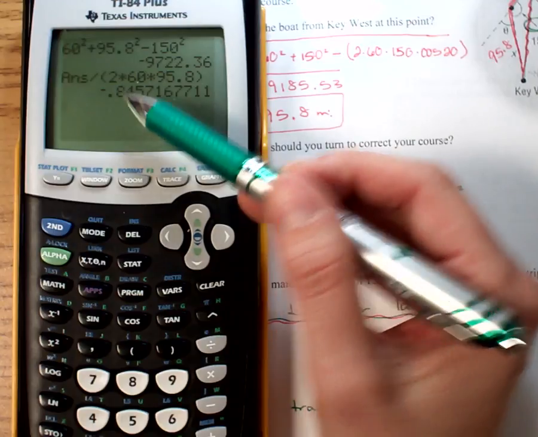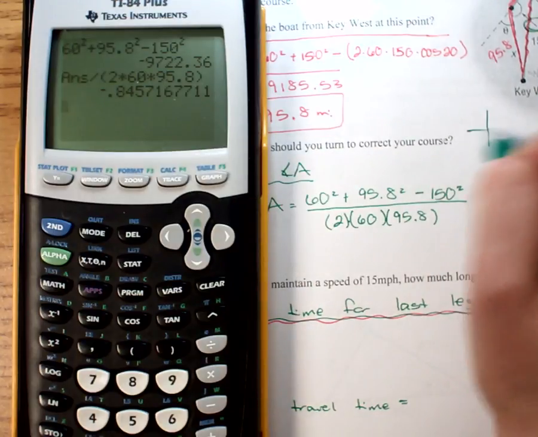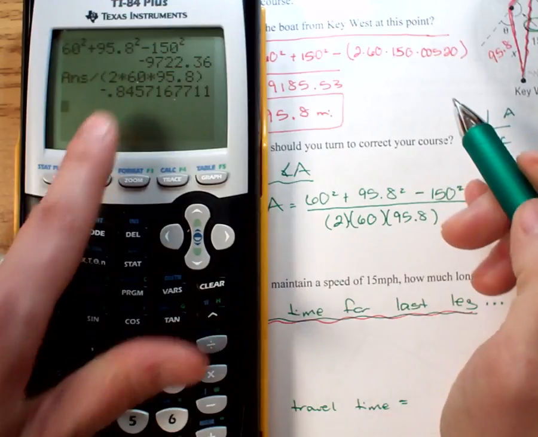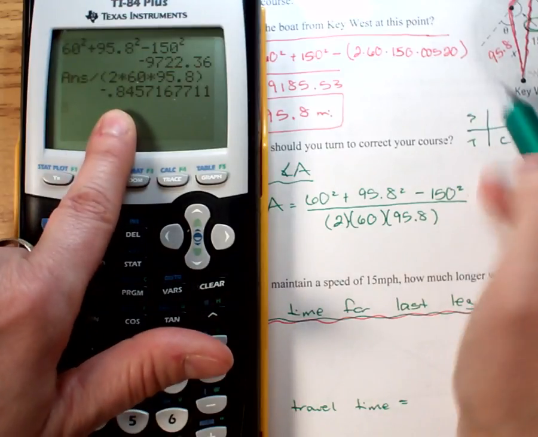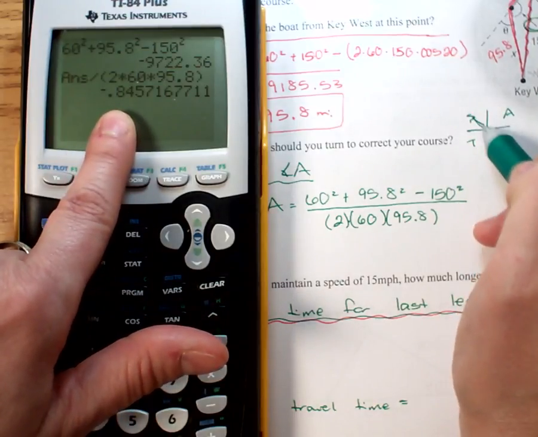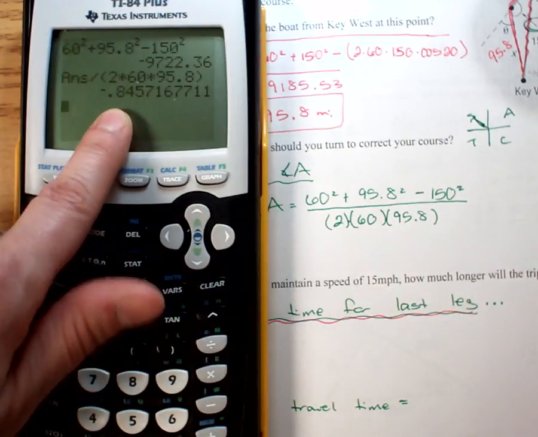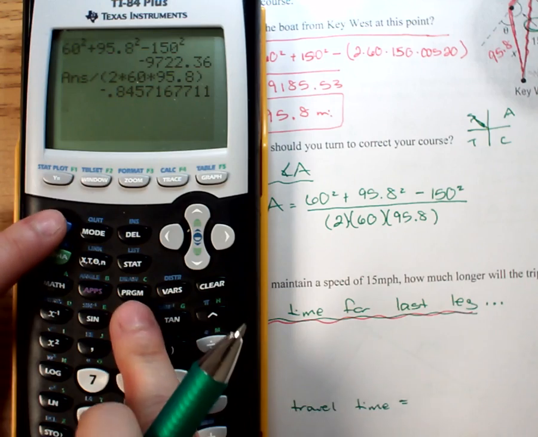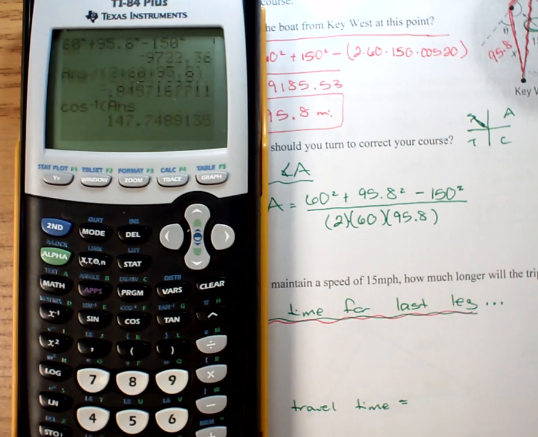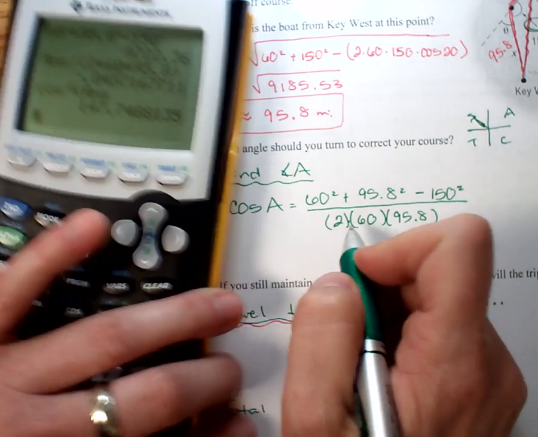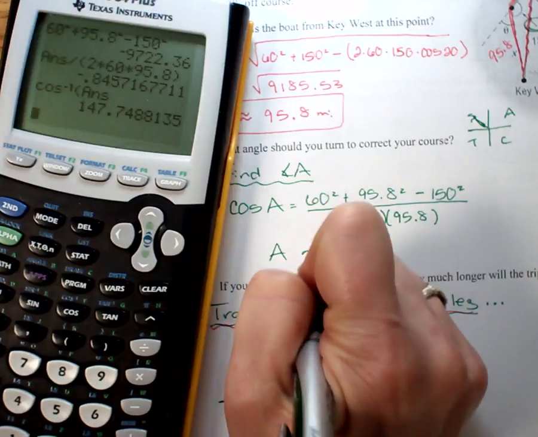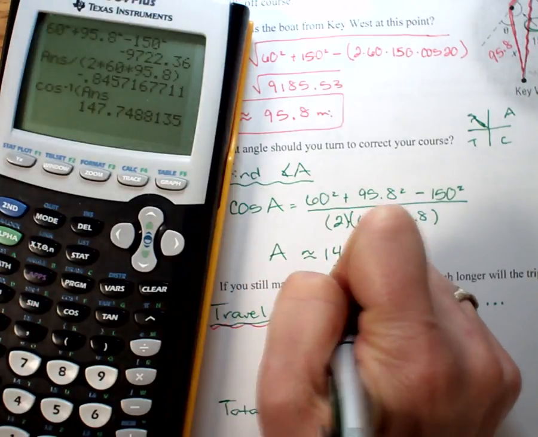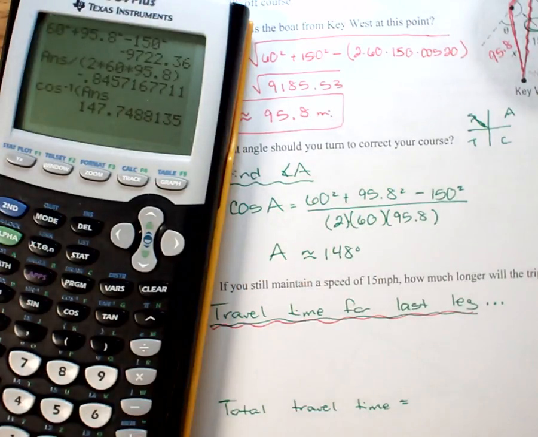But remember, if we think all students take calculus, if I have a negative cosine ratio, that must mean that my angle is going to be in the second quadrant. In other words, my angle is going to be obtuse. So second cosine, and sure enough, that gives me an angle A of approximately 148 degrees.